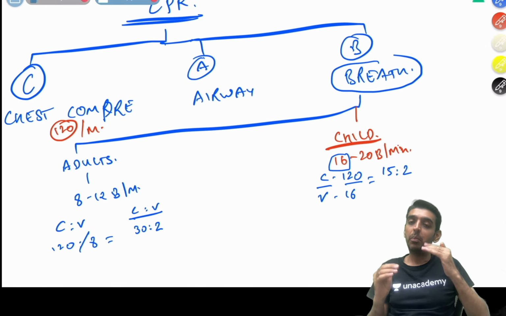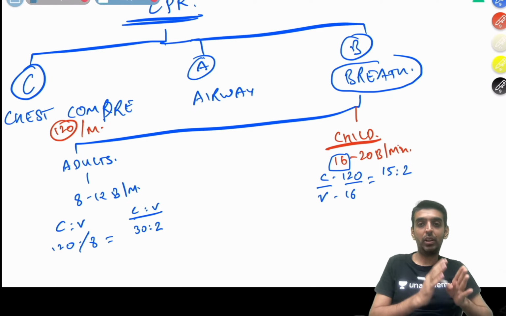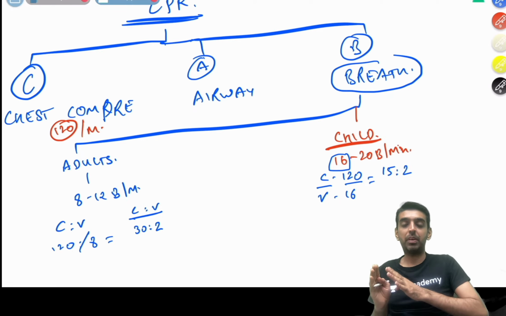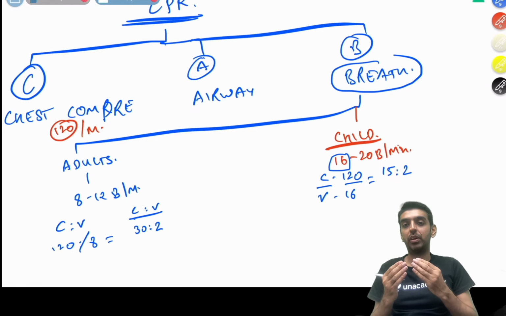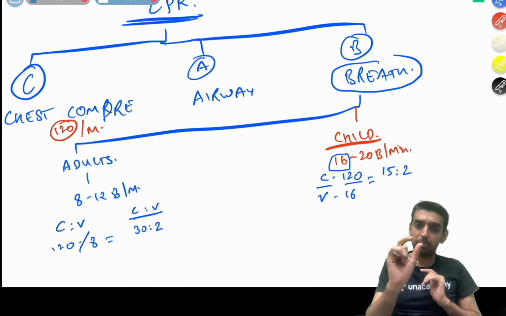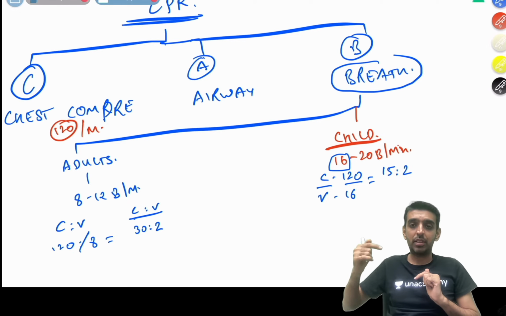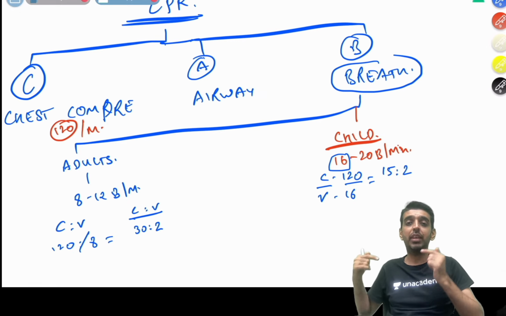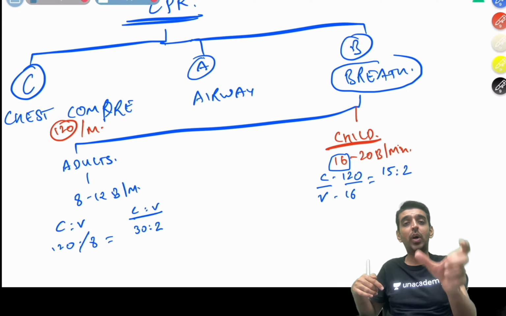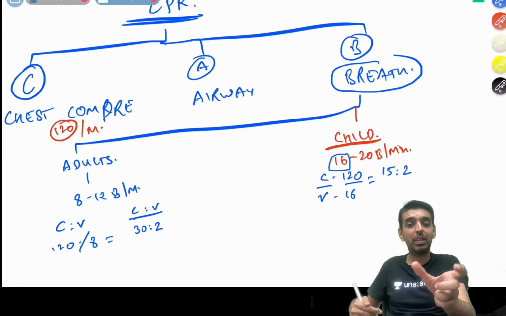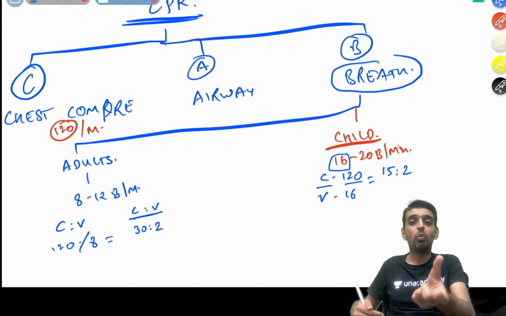I'll come to the details of it: if one rescuer is present, if 2 rescuers are present, what will we do and how will we go about it. This is the basic thing that you had your doubt about, and this is the specific that I have cleared. When we discuss CV ratio in detail, we will discuss why 30:2, and what will happen when one rescuer is present and when 2 rescuers are present.